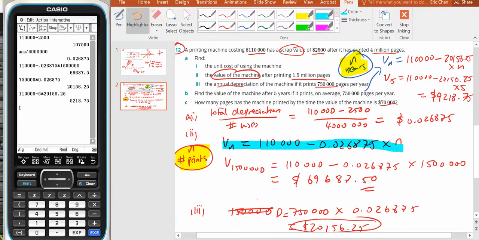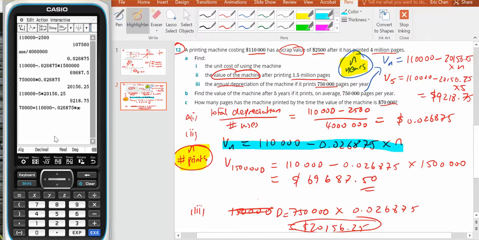So what I'm going to do is set up an equation. We want to find the value of n when Vn is 70,000. So 70,000 equals what I had here, 110,000 minus 0.026875 times n.